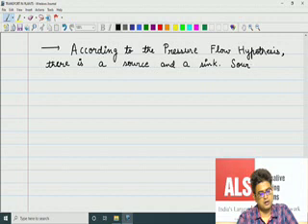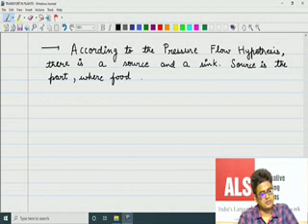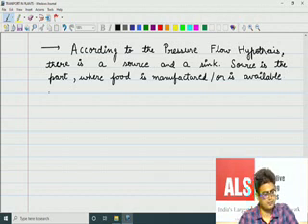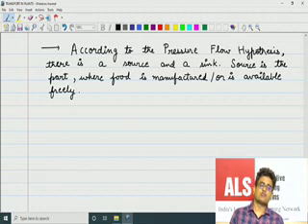Source is the part where food is manufactured, or is available freely. It is not bound to anything.